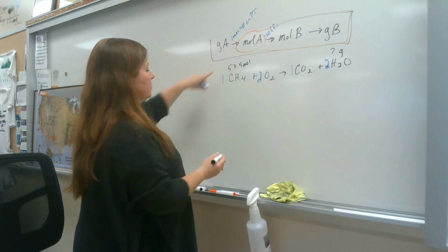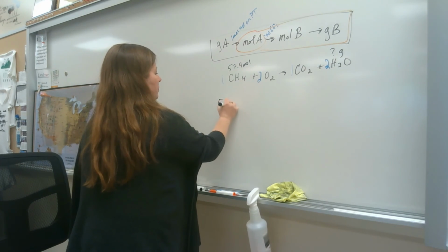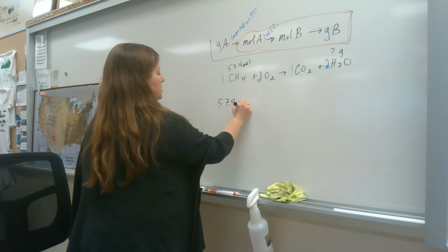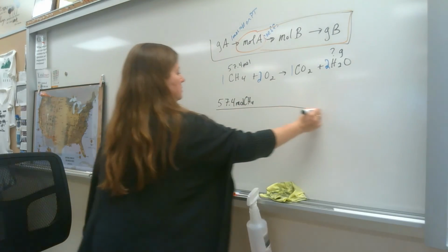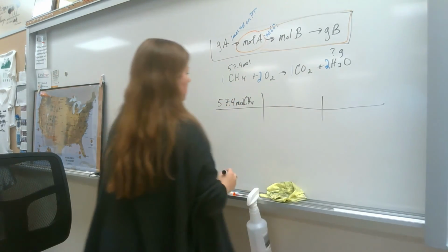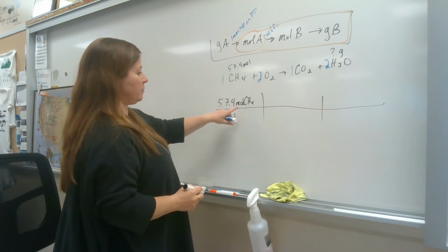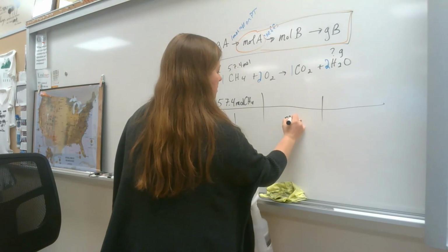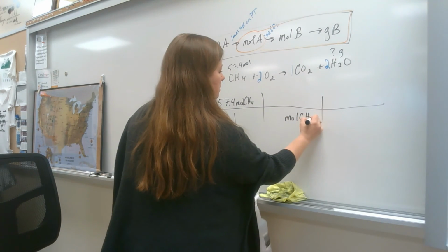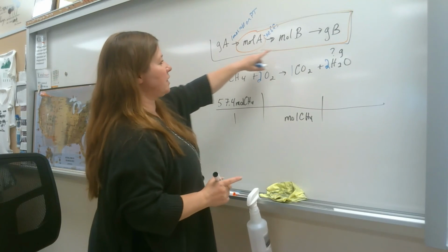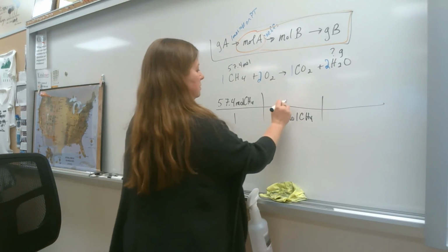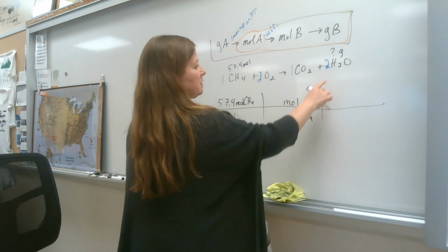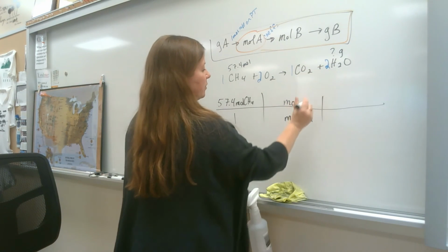So we're going to start with the number in the problem, 57.4 moles of CH4 over 1. Moles of CH4 goes here. The top of the second fraction is going to be moles of the substance we're trying to learn about, moles of substance B. So how many grams of water, that's what we want to know.